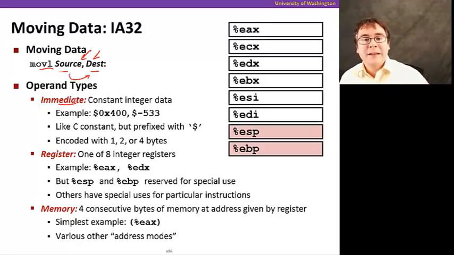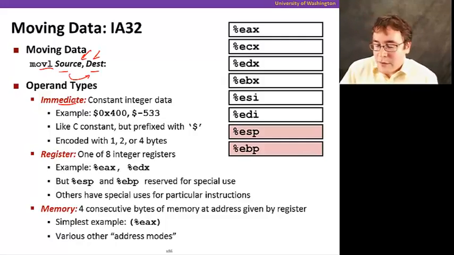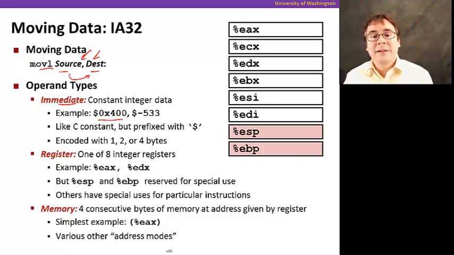Think of it as a constant: constant integer data embedded in the instruction itself. For example, you could have $0x400 as one of your operands, and that only makes sense as a source. It doesn't make sense to have a constant as a destination. So a constant can only be a source of your move operation.